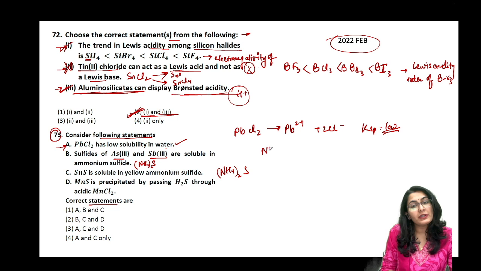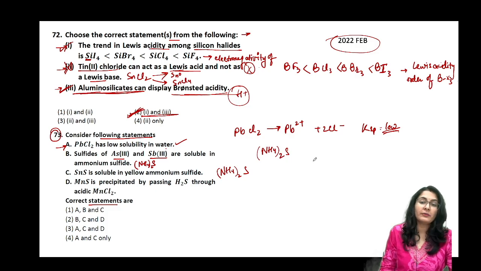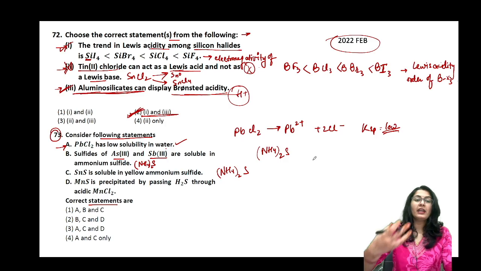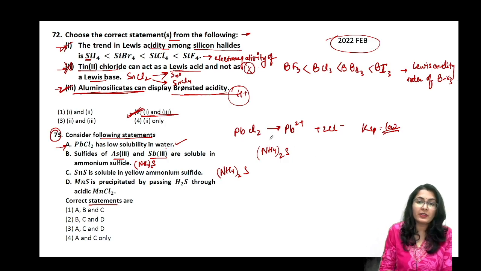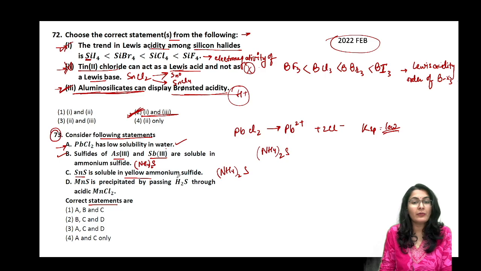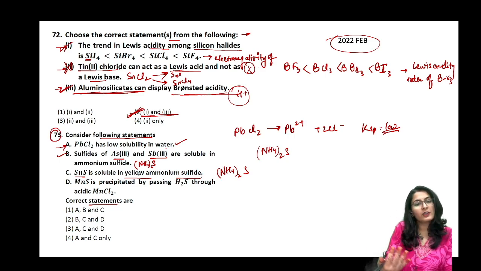Because when ammonium sulfide is the solvent, then definitely arsenic(III) and antimony(III) sulfides are going to be more soluble, right? Because the solvent is only sulfide. So this is also true. SnS2 is soluble in yellow ammonium sulfide. Again, sulfide is going to be soluble in sulfide. Yes, it is. So these three are correct.